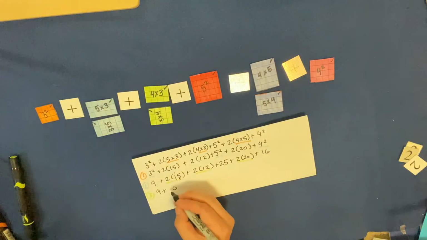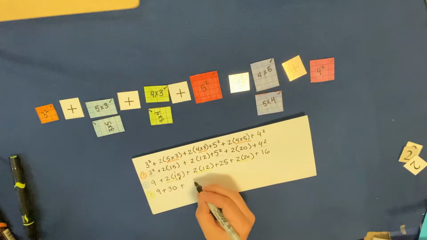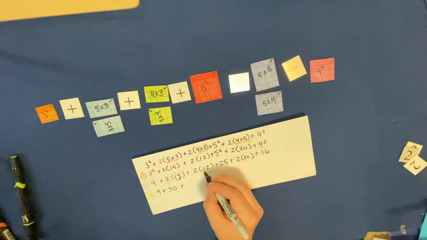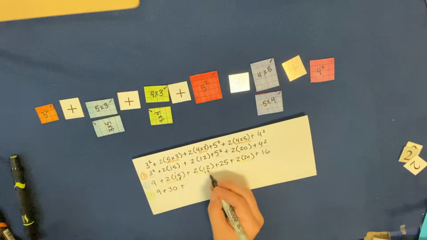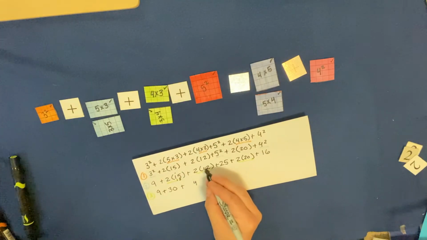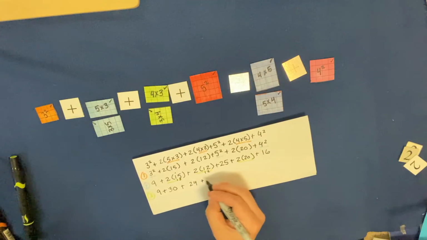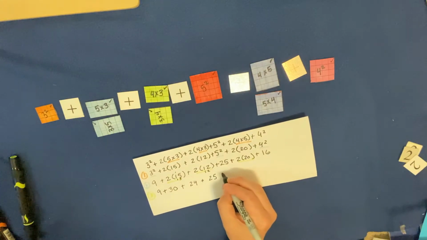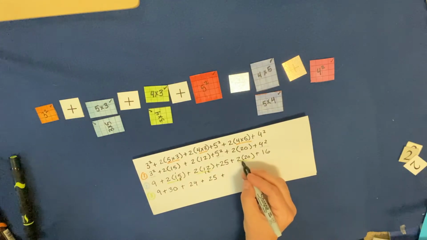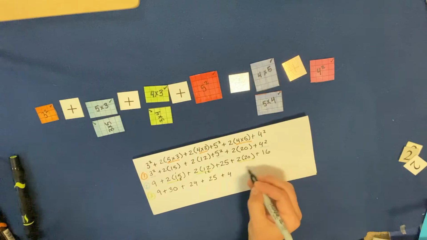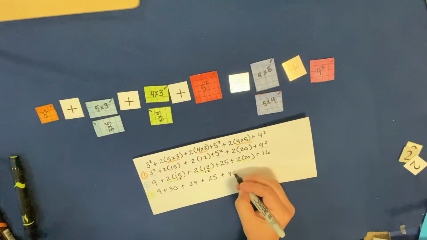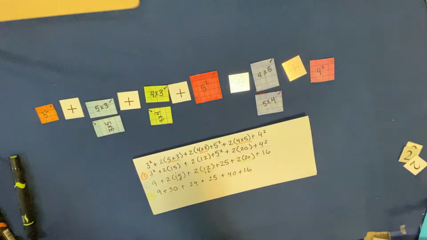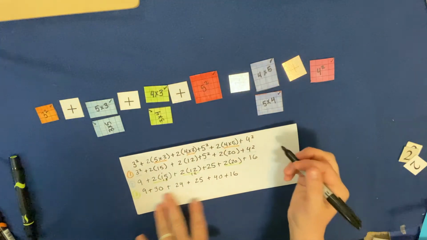Carry the 1, we get 30. Plus 2 times 12. 2 plus 2 is 4. 1 plus 1 is 2. Plus 25 plus 2 times 20. Well, what's 2 times 2? 4. How many zeros do we need to add? 1. Plus 16. All right, so now we just need to do a big addition problem.